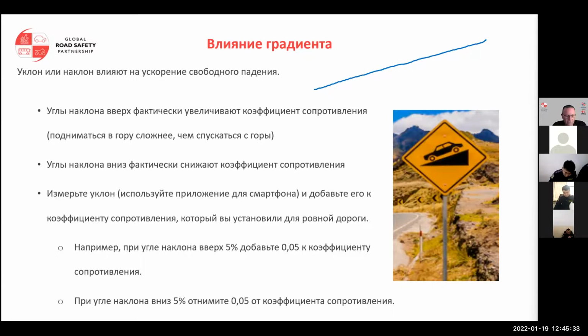They will generally report a gradient. You'll either see a value of something like 0.05 or 5%. Often they will give you the degrees as well, but we are interested in the value of the grade. What we do is use that to adjust the drag factor.